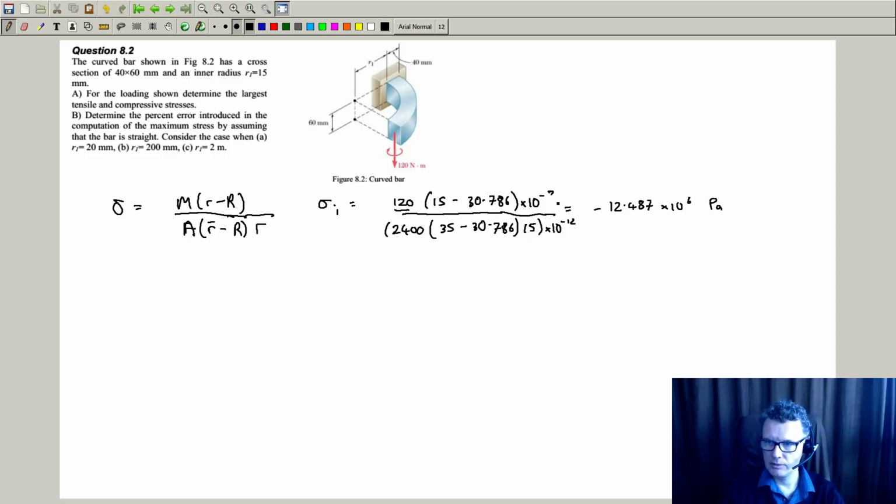The values that I'm changing are the R bit.